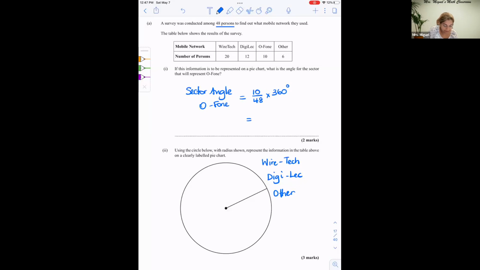So 10 divided by 48 multiplied by 360 is 75 degrees. Did you all get that value?